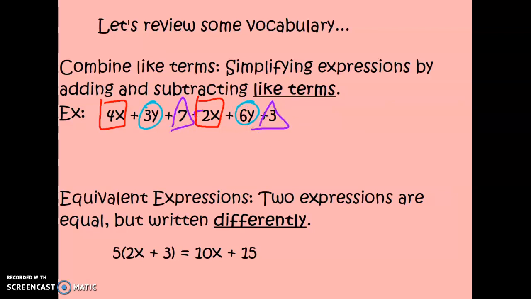Alright, and then we're just going to put them together. So 4x plus negative 2x is 2x. And then we have 3y plus 6y, which is 9y. And then we have 7 plus 3, which is 10.